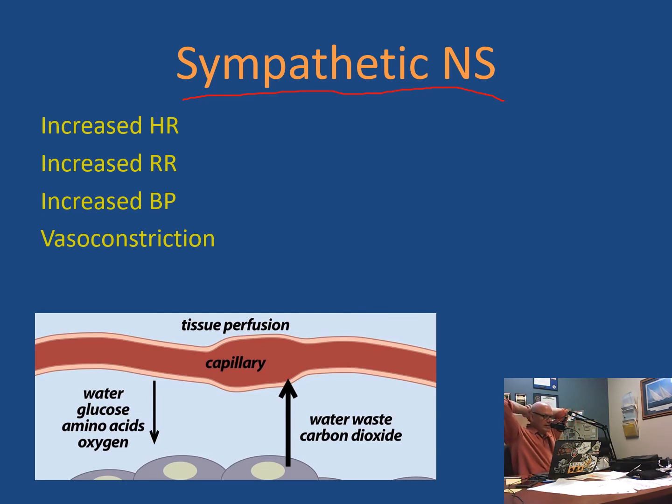So it will push that easy button, all right? That easy button is the sympathetic nervous system. And we'll get all of the things that we know are associated with the sympathetic nervous system. Increased heart rate, increased respiratory rate, increased respiratory volume with that, increased blood pressure, and you'll get vasoconstriction where we want it and vasodilation in other places.